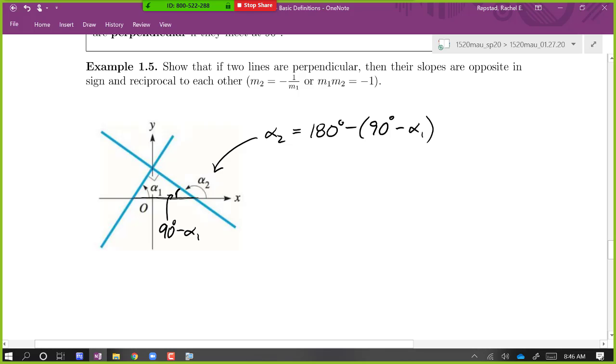If we simplify that right side, we find that alpha 2 is 90 degrees plus alpha 1. Now I'm going to rewrite this equation in a way that will help us reach our goal. I'm going to solve it for negative alpha 1, so I'll subtract alpha 1 and alpha 2 from both sides.